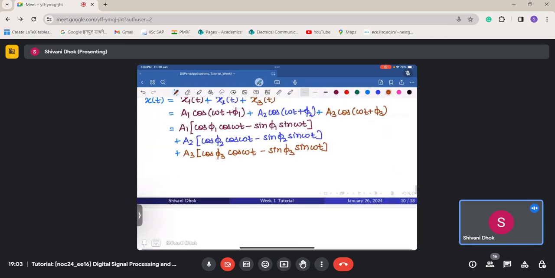Let's construct the coefficient of cos omega t first.